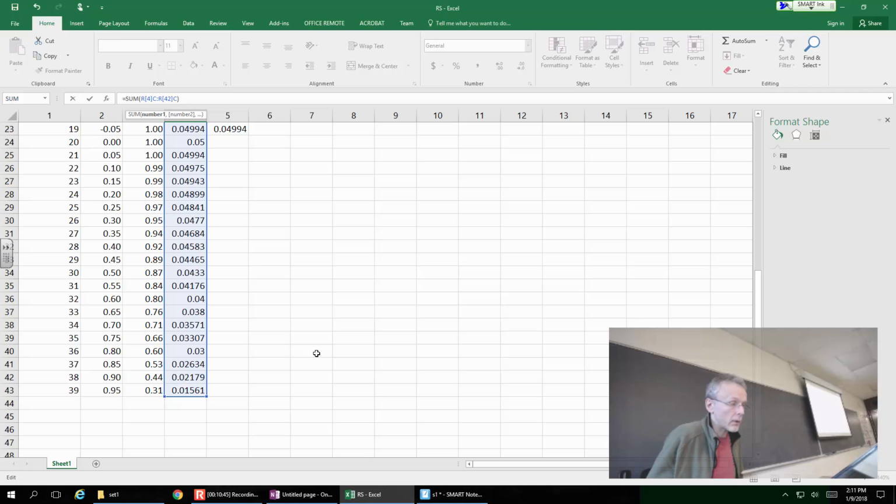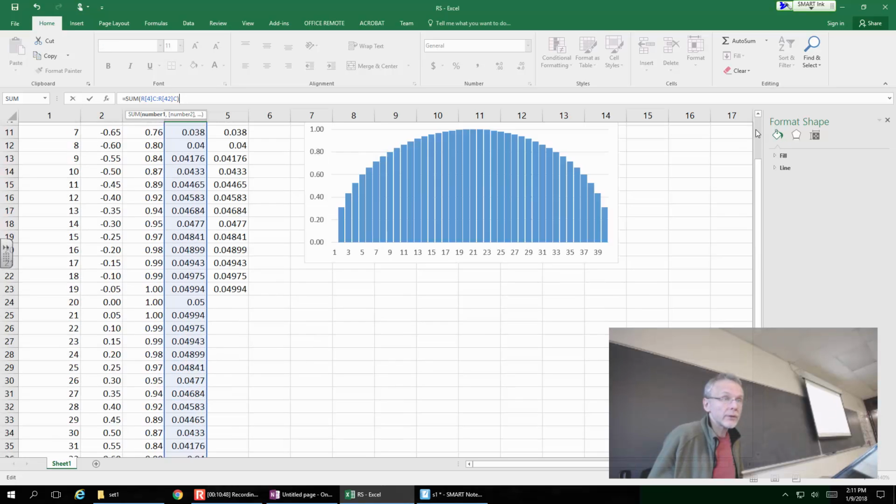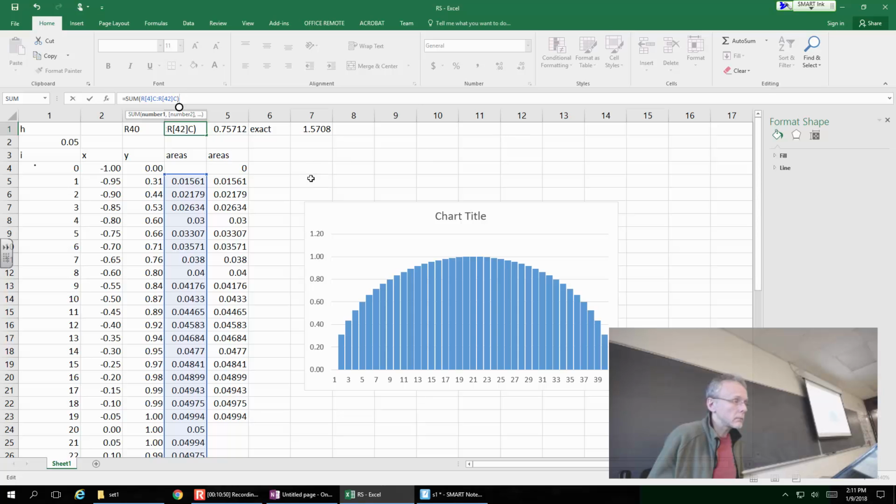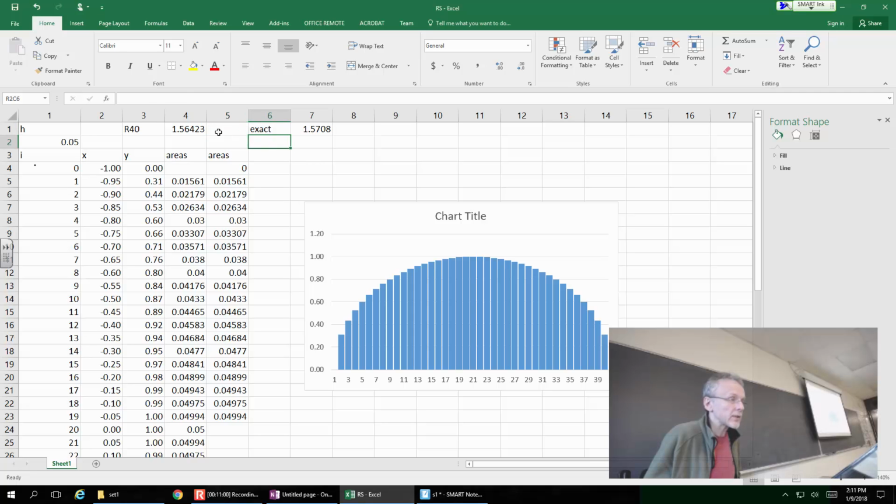Then just look at the result. It was 155, right? It is 156 now. So the accuracy improves with the increased number of intervals, or the decreased width of the interval. You can certainly compare. This looks much more like a circle than the one we started with 20.